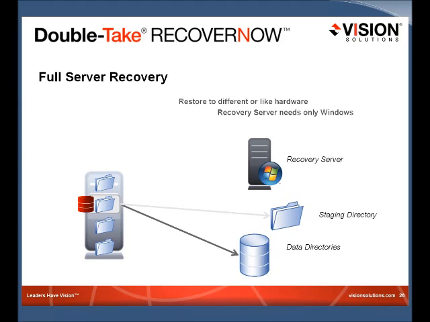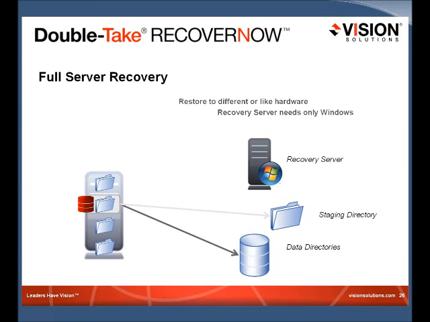The recovery server is just going to have a basic Windows OS, and once you are through pushing the data and the system state to that recovery server, when it reboots, it's going to come up identical to the source that it was protecting, because you've got all the data and all the functionality protected through real-time replication. Whether you recover back to the original source or into an entirely new physical or virtual server, it doesn't matter.